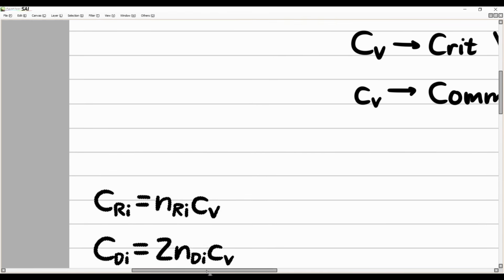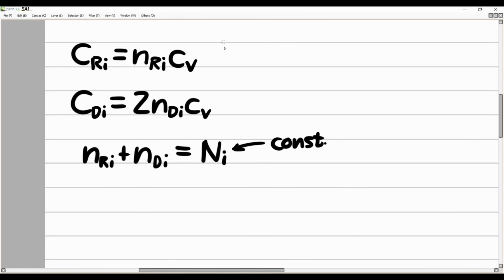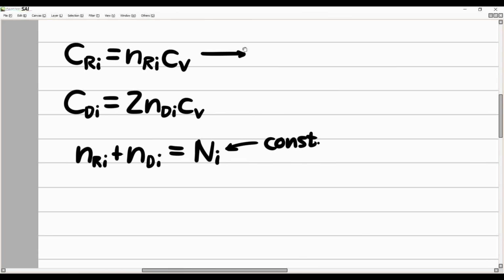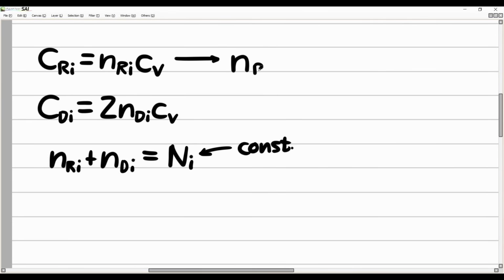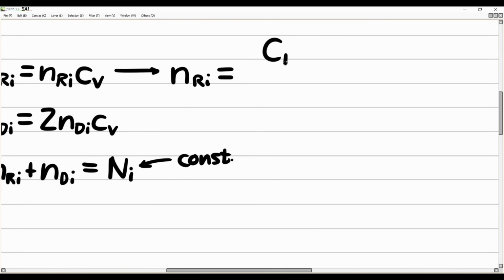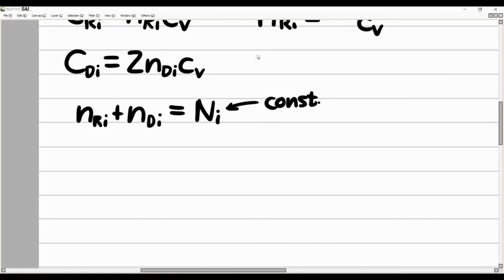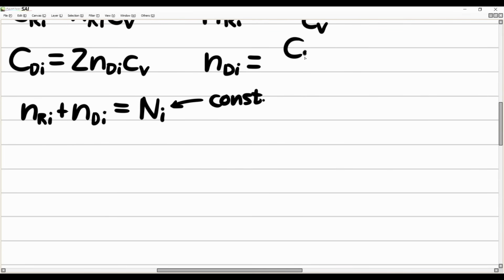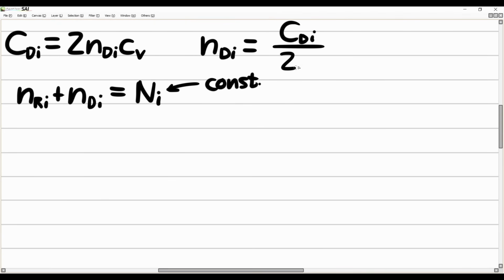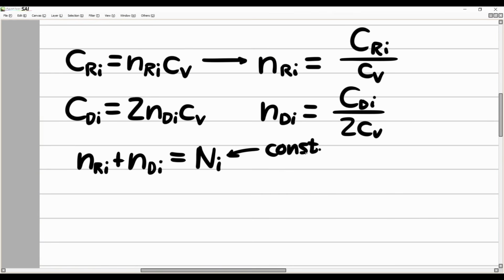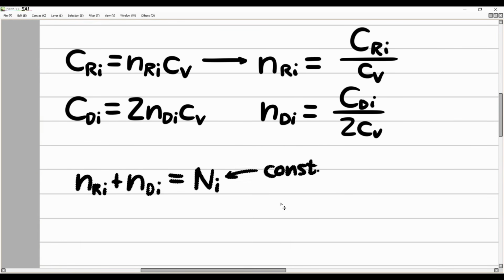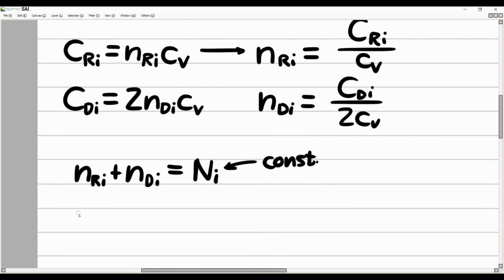And I think that this is a much better way to prove it. And it is this: you specifically take the NRI, and then you will actually solve for them. So we have NRI, we divide both sides by CV. Then you have NDI, well, you got CDI, and you divide that by 2CV. And then all we gotta do is to substitute them into this equation here.